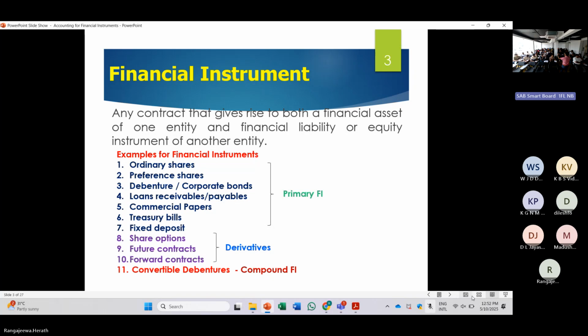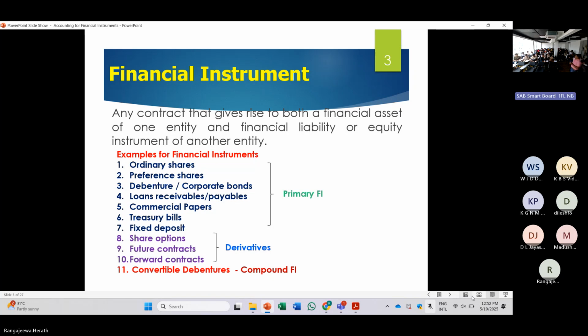And two companies can invest in another entity and obtain joint control. That is possible. A invests 40%, B invests 30%, together they have 70%. So A and B together control C. We name that investment in joint venture, covered by SLFRS 11.